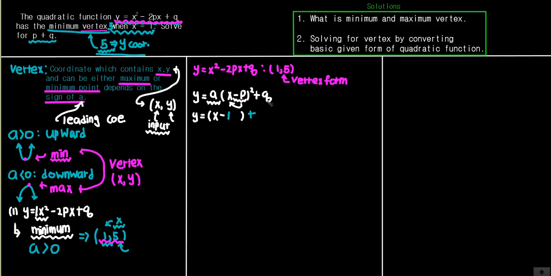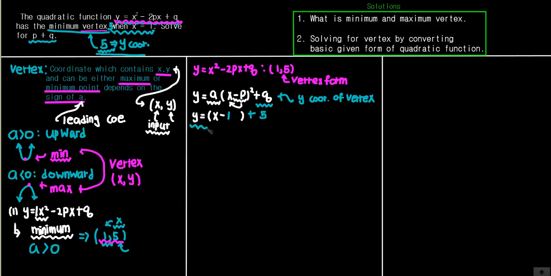And we have q. q is the value of the y coordinate, the y coordinate of the vertex. So our q value is going to be 5. And this is all about the properties of the vertex form.